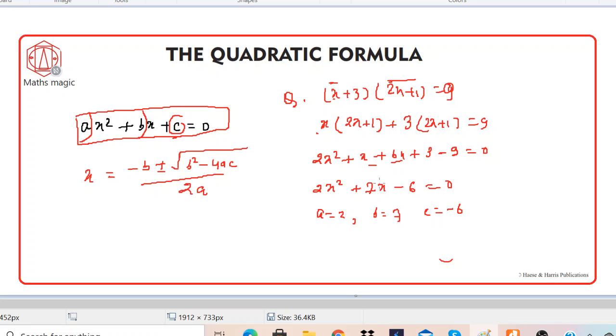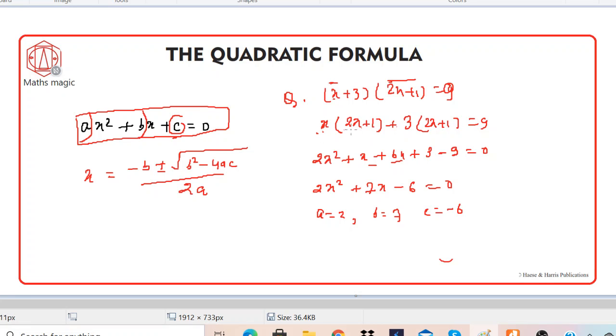Okay, I'll just cross check if there is any silly mistake or not, so that we are more sure about the solution. So we have x bracket 2x plus 1, then plus 3 bracket 2x plus 1 is equal to 9.